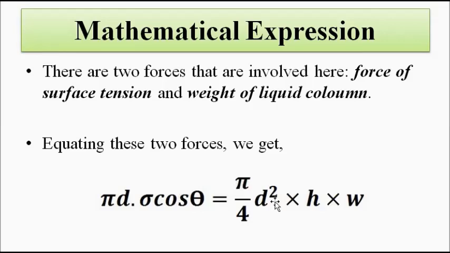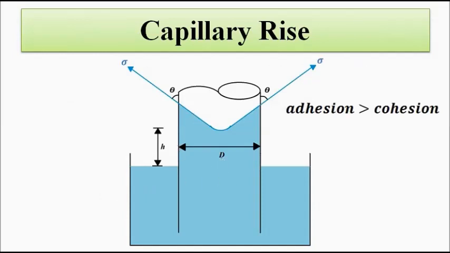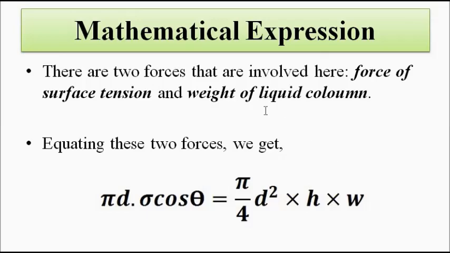Then we have the volume pi by 4 d square into h for this cylinder, multiplied with the weight density, which gives us the weight of the liquid column.